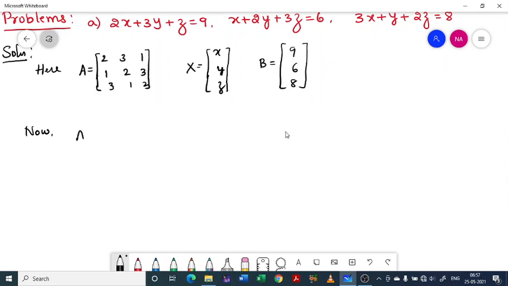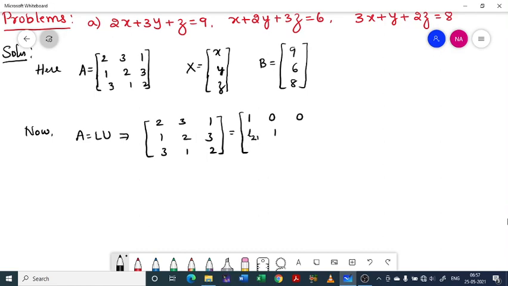Now A equal to LU implies, this is important, A is 2, 3, 1, 1, 2, 3, 3, 1, 2, equal to LU. L is a lower triangular matrix. It will be like this: 1, 0, 0 in the first row, fixed. Second row L21, 1, 0.